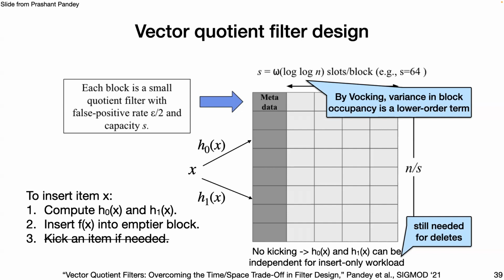So by using that theorem, we have to know the total insertions up front. Yes, good point. You can resize, but I think you can only resize up. Yeah, you do have to know it up front.